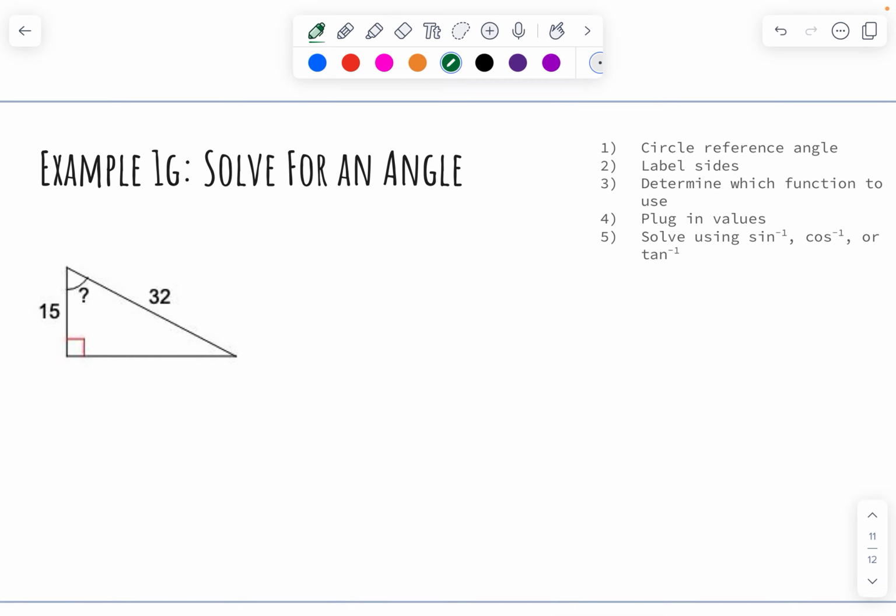So get a few more here. Our reference angle, hypotenuse, opposite, and adjacent. We know hypotenuse and adjacent, so we'll be dealing with cosine again.